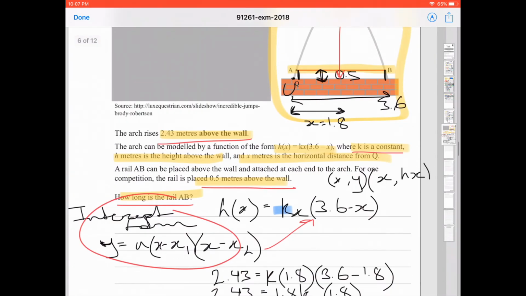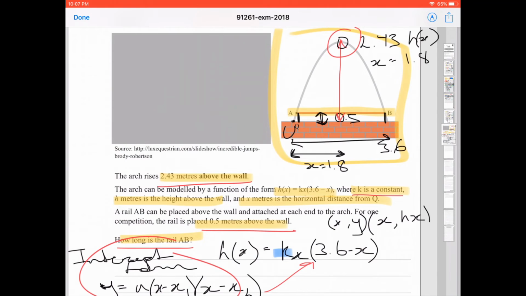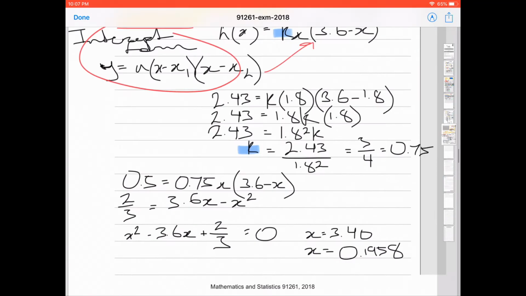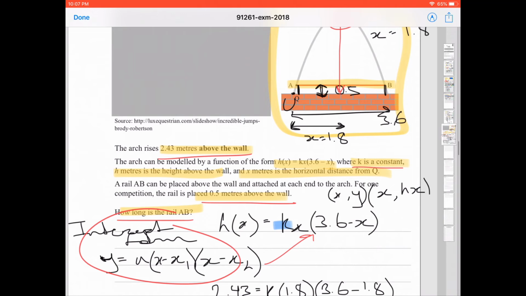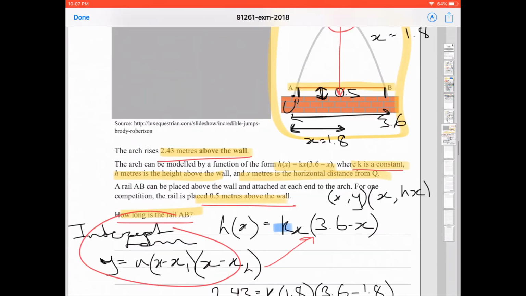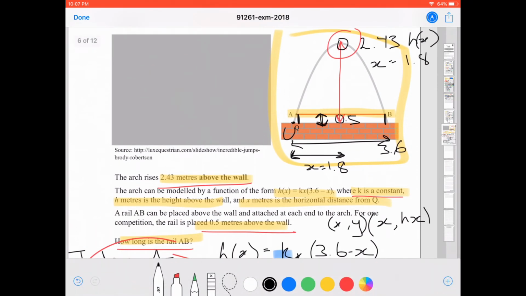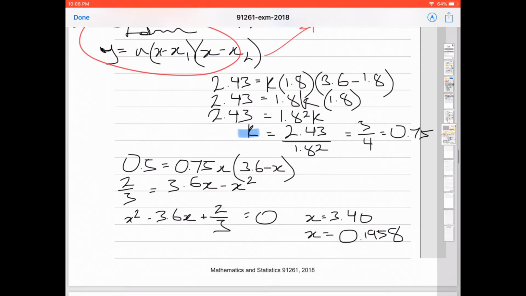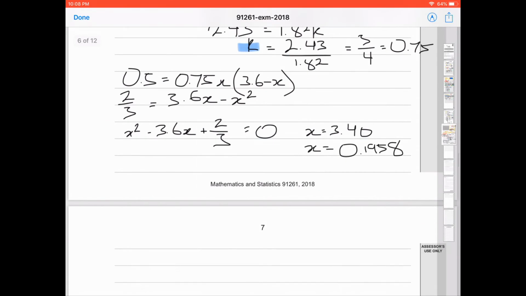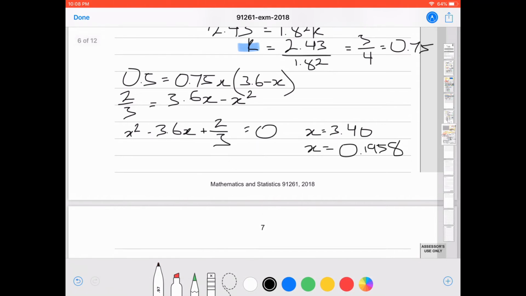Similarly, the x value for B is not much smaller than 3.6, and so it's 3.4. Okay, that makes some sense. Now they're asking us, how long is the rail AB? Well, we've got both ends of the rail. We are going to substitute basically the x values, B minus A, and that will get us the difference. Basically, that'll get us the length of AB.